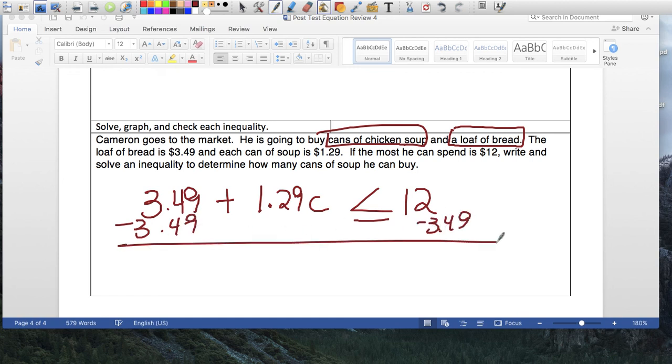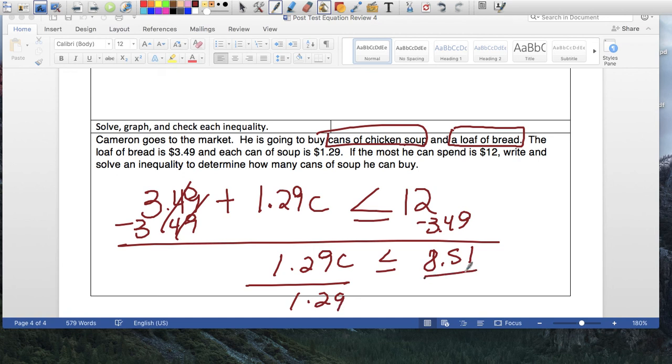So if I have $12 and I buy a loaf of bread, which is $3.49, I'm going to have $8.51 left over. That makes sense, right? Now I'm going to spend this amount of money buying chicken soup. Each chicken soup is $1.29, so let's divide by $1.29.